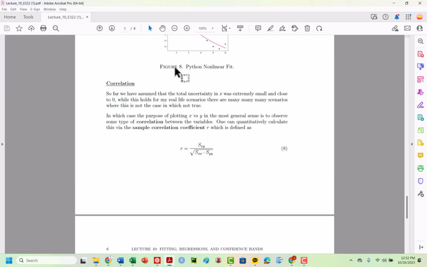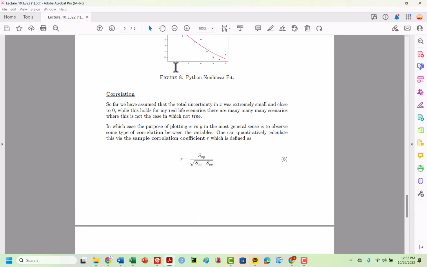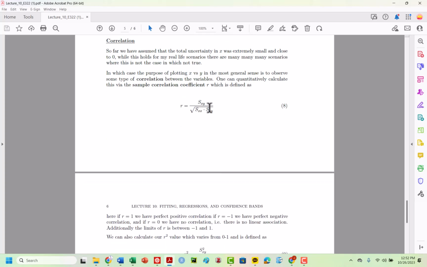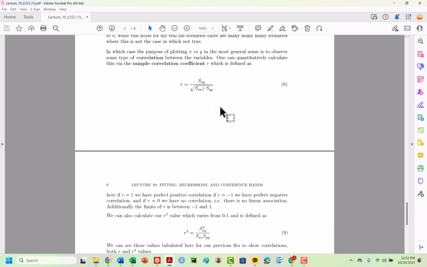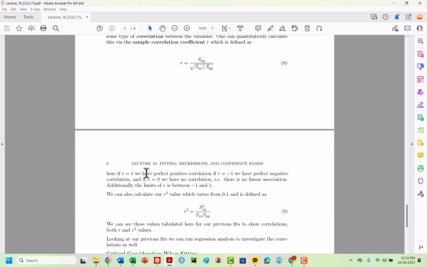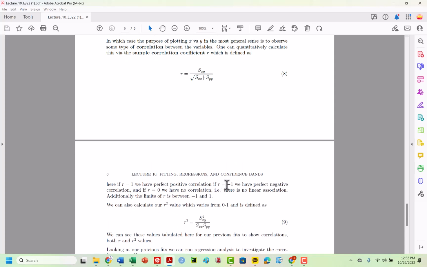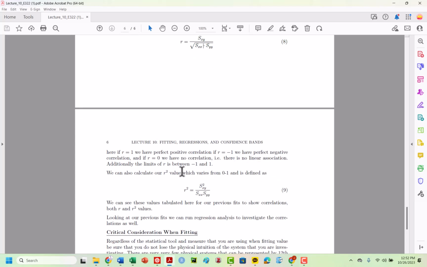This is just beyond fitting and the method of least squares, but we're going to look at whether the variables are correlated. We can take our previous definitions, and if r is equal to 1, we have perfect positive correlation. If r is negative 1, we have perfect negative correlation. If r is 0, we have no correlation, so there's no linear association.